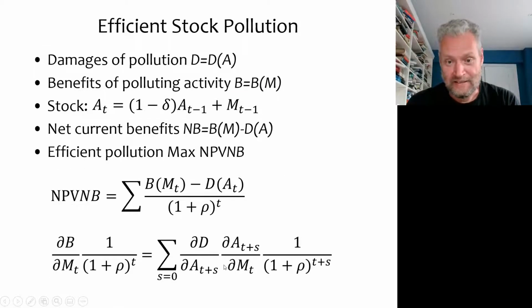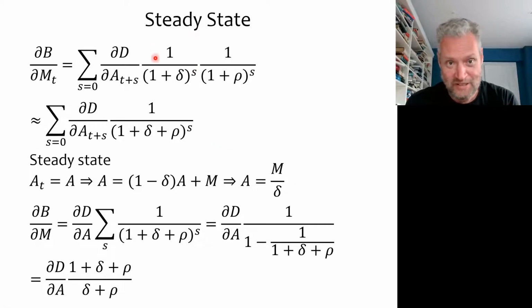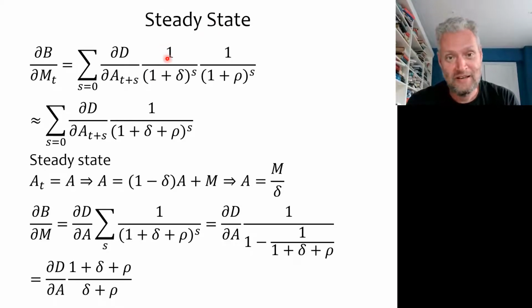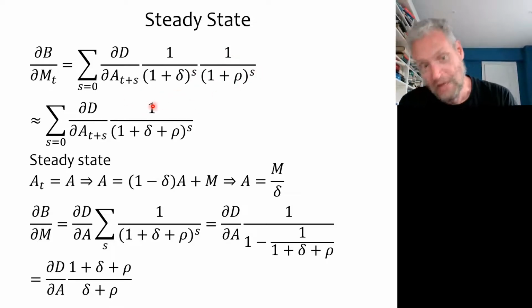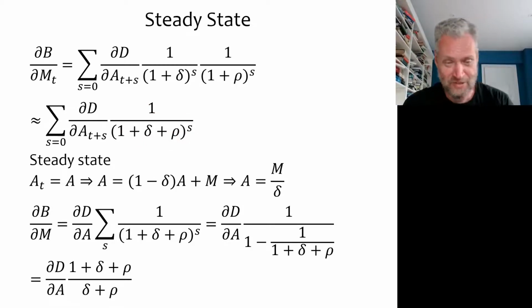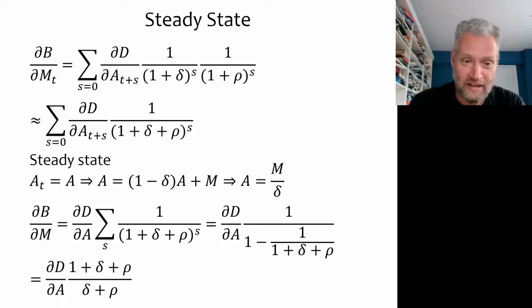This expression here is replaced by this expression here by assumption, right? Now, this thing here, 1 over 1 plus delta to the power s times 1 over 1 plus rho to the power s, is approximately equal to 1 over 1 plus delta plus rho to the power s, right? So the equation looks slightly friendlier, not a whole lot.